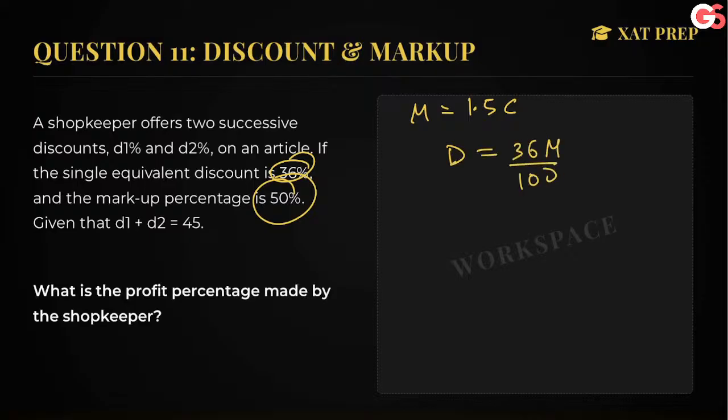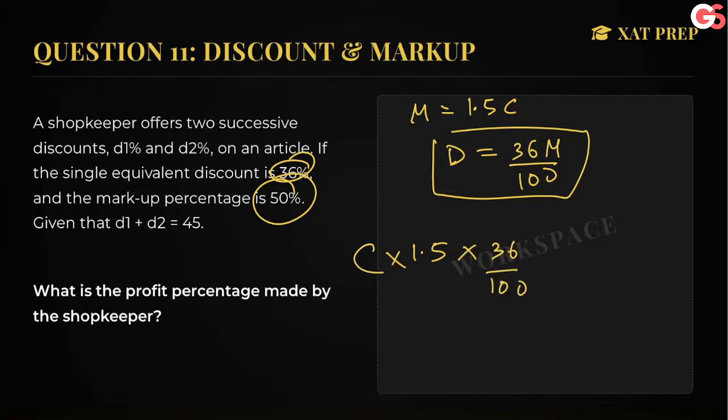That is the discount. ठीक है, कर लेते हैं. So 1.5 C, if you multiply it by 36 by 100, you will get the exact selling price. Okay, is that clear? This will be selling price.